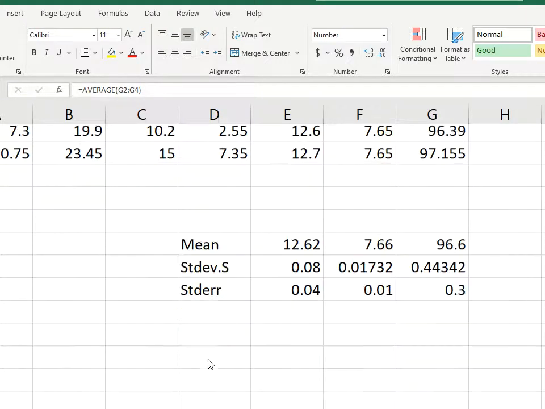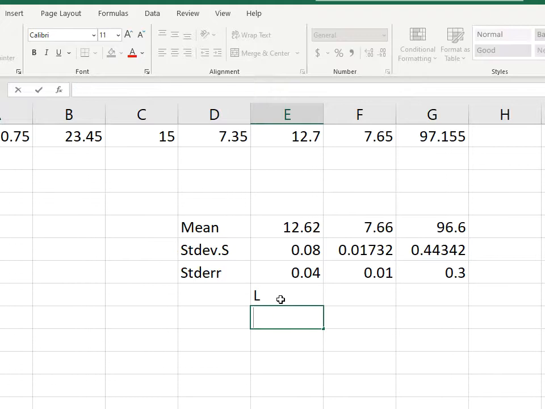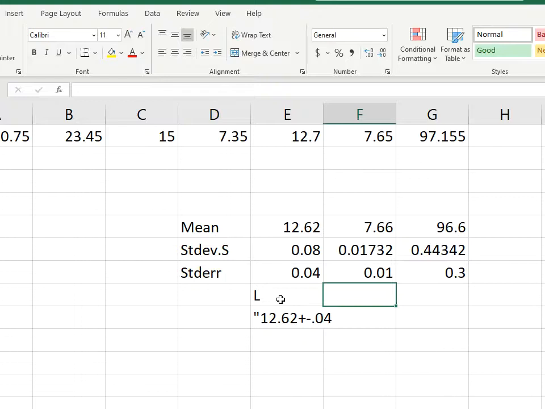So in reporting, we would say L is 12.62 plus or minus 0.04. And the width, we don't have enough room for this.